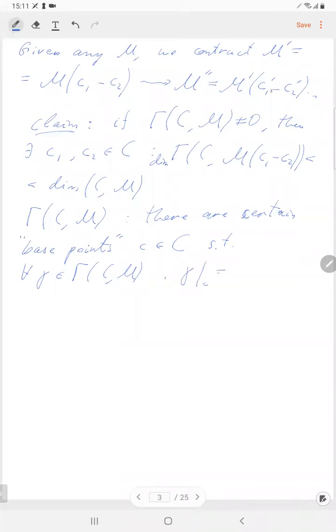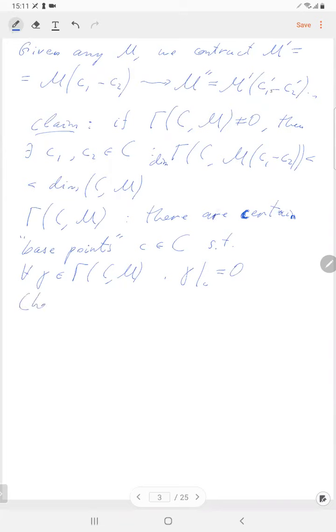Gamma restricted to C is 0. Okay, but if our invertible sheaf is sufficiently positive, then there are no base points. For degree g minus 1, in principle, there might be some base points, but there are finitely many. So the general point is not a base point.